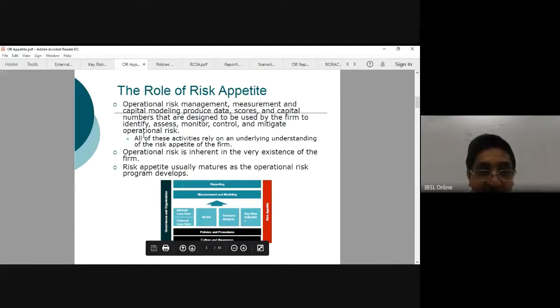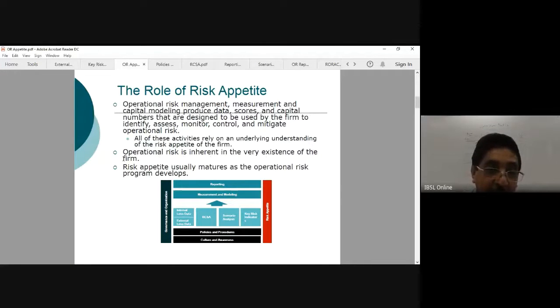Now you can see what is the role of risk appetite. Operational risk management, measurement, and capital modeling produce data, scores, and capital numbers that are designed to be used by the firm to identify, assess, monitor, control, and mitigate operational risk. Now, what we need to understand is it is an inherent type of risk.